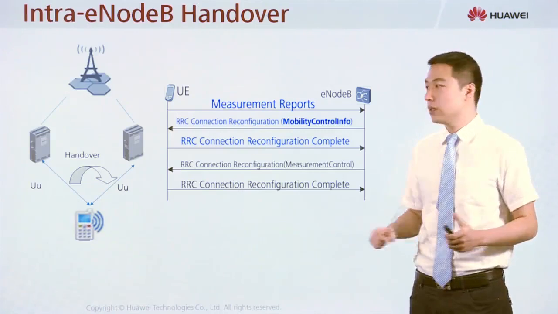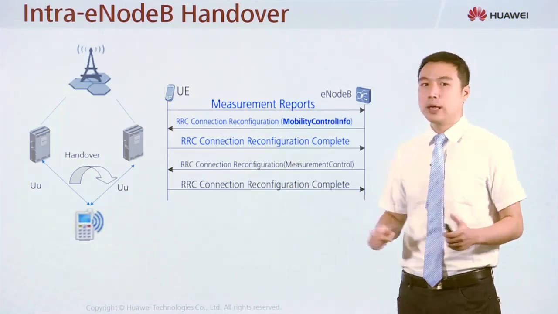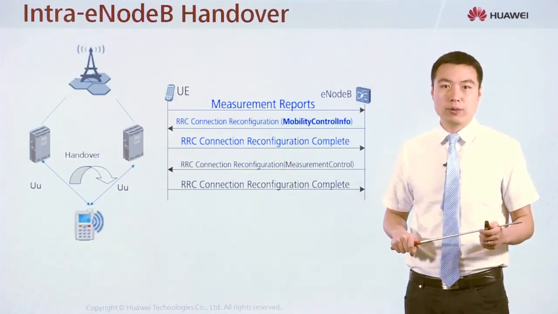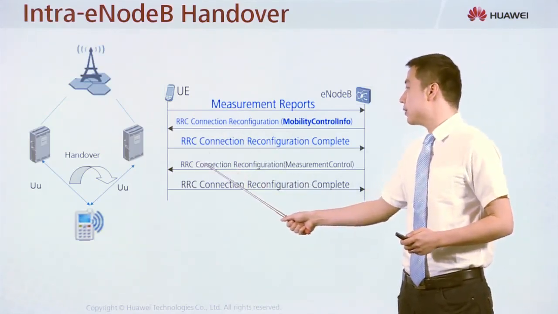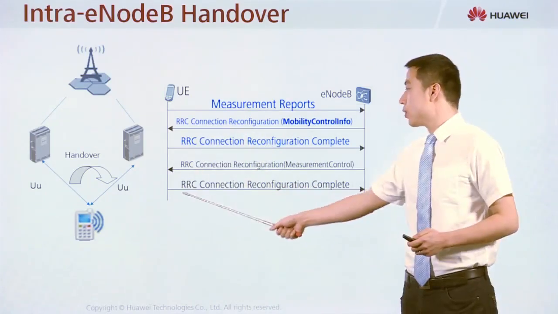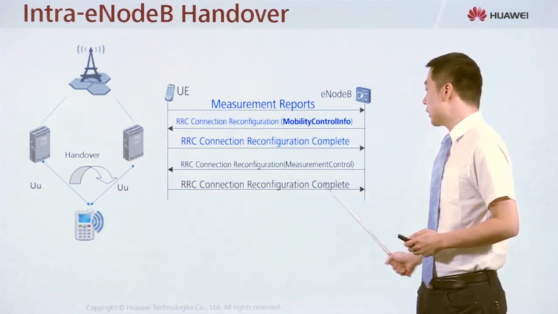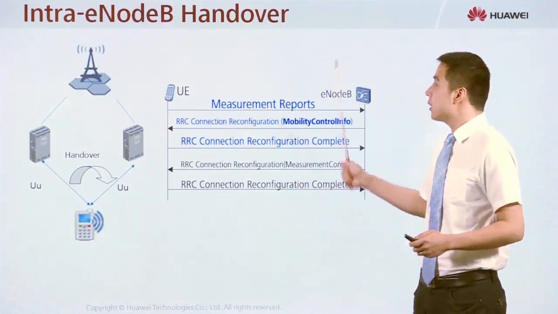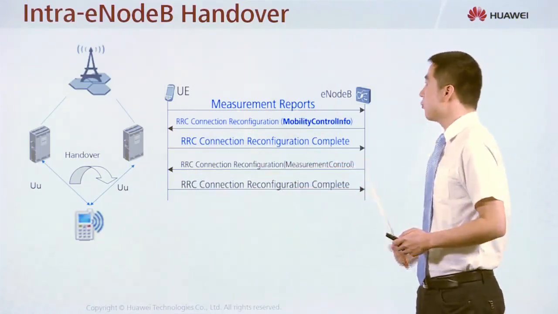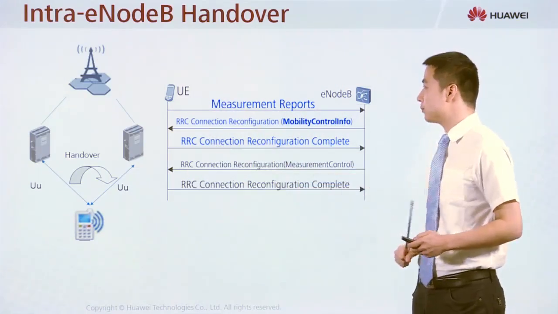So we must send this message to the UE to update all of this information on the UE side. After the UE receives this measurement control message, the UE will send the RRC connection reconfiguration complete message to the eNodeB. Okay, this is the procedure for the intra-eNodeB handover.